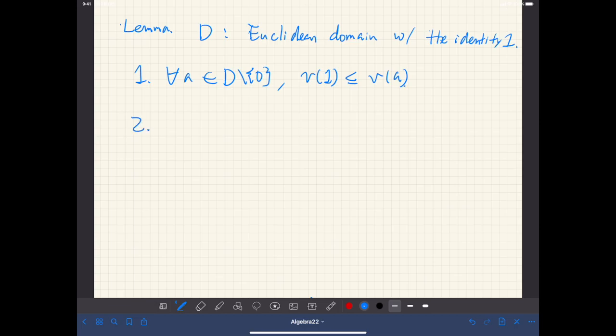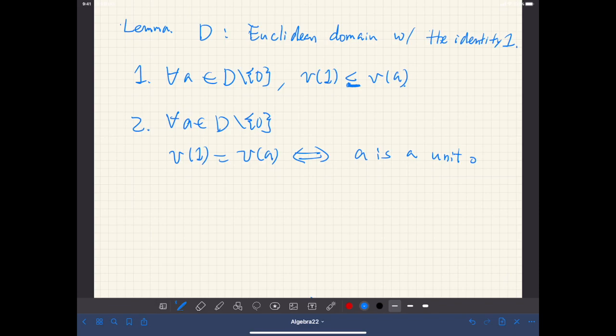And second, the condition for equality: v of 1 is equal to v of a if and only if a is a unit of D.